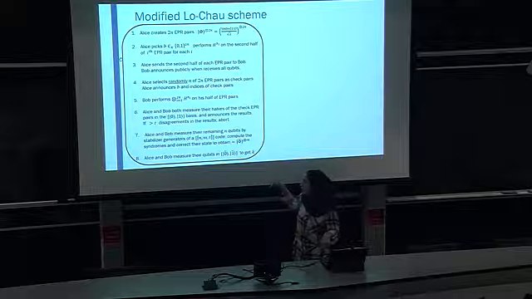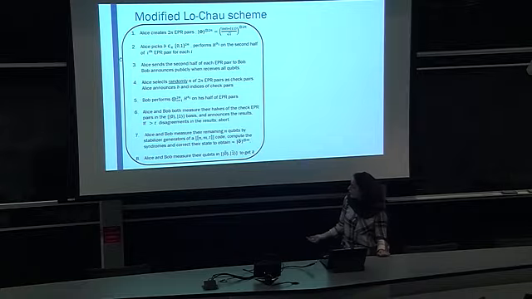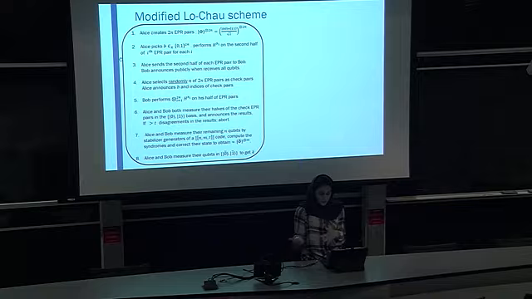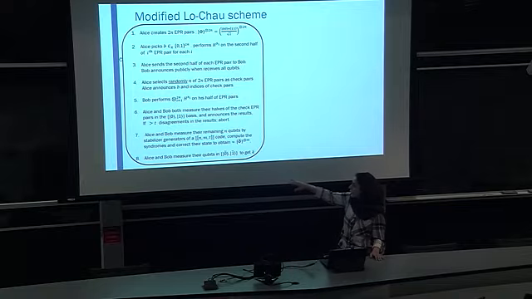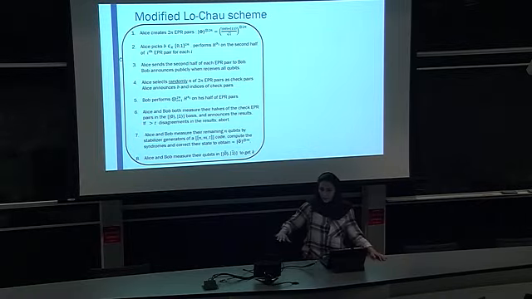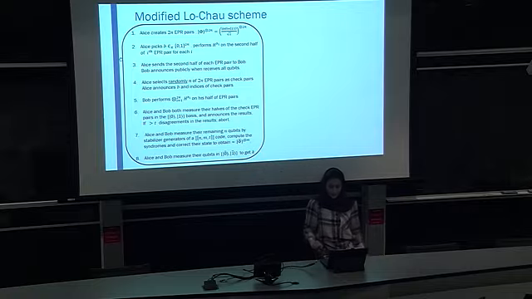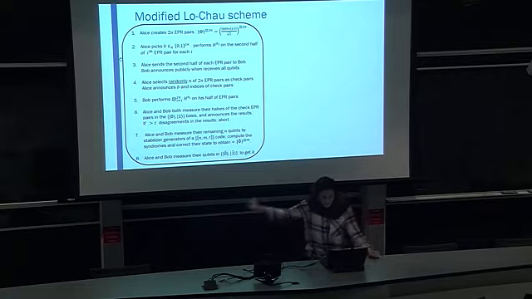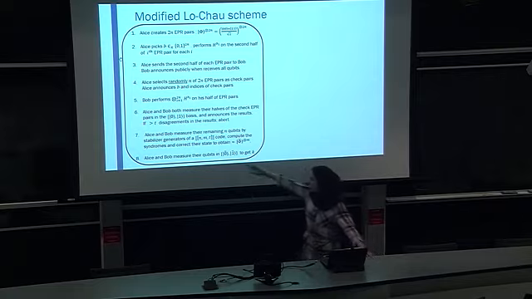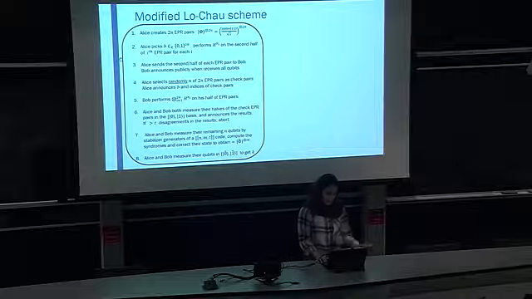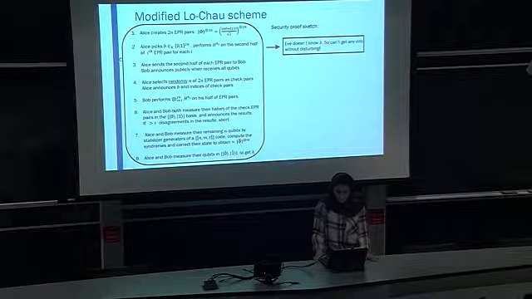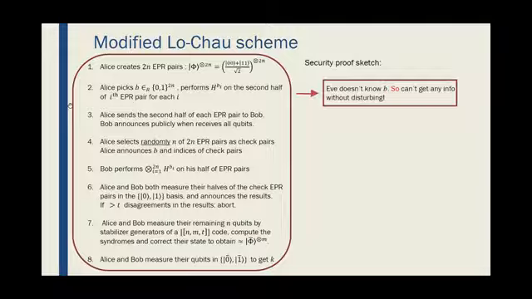Otherwise, they conclude that there are fewer than T errors in the rest of the EPR pairs, so they can use the stabilizer generators to correct those T errors and then get a state which is very close to a maximally entangled state. And so by measuring in the logical 0 and 1 states, they can get the key.